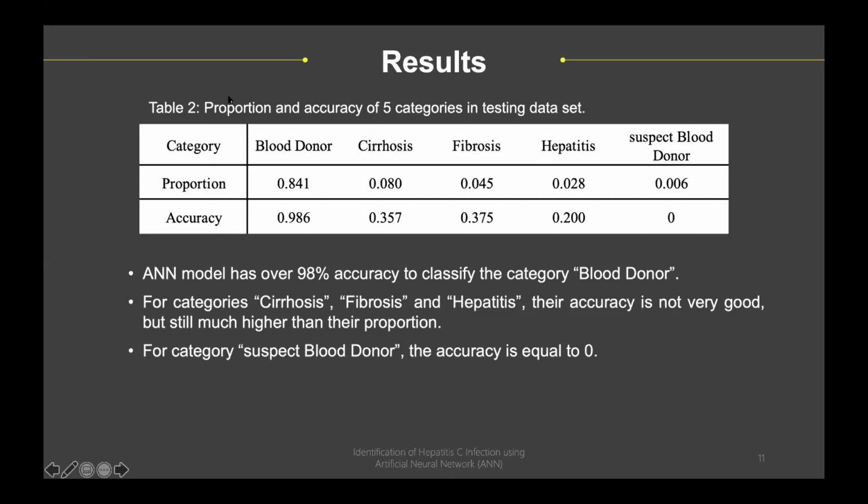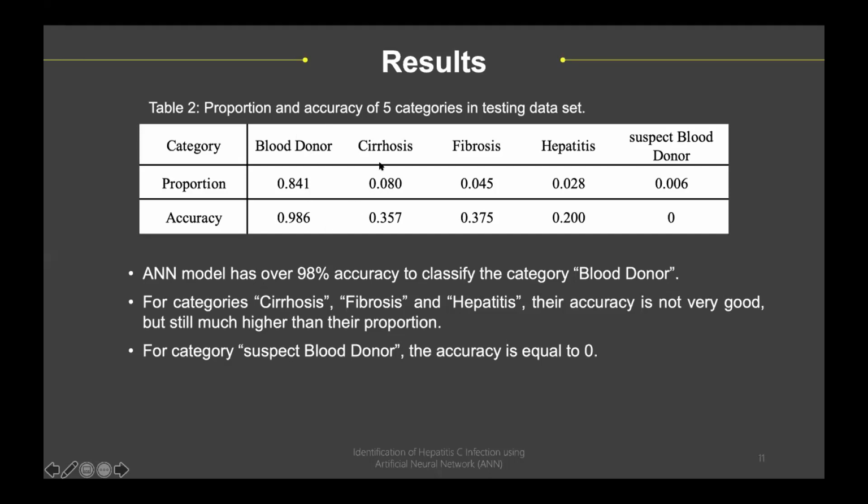Then let's look at table 2. It shows the corresponding proportion and accuracy of 5 categories. We can see the ANN model has over 98% accuracy in classifying the category blood donor.